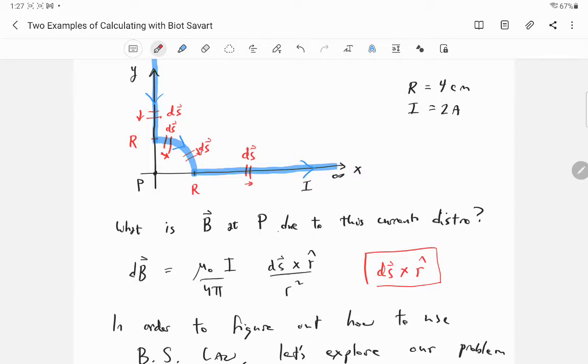So the ds's along the y-axis, they all kind of look the same. They're just little short sections, but they point downwards only. Along the x-axis, they're little short sections that only point in the positive x direction. But the ds's along the curve are interesting because as I move along the curve, the ds's change direction.